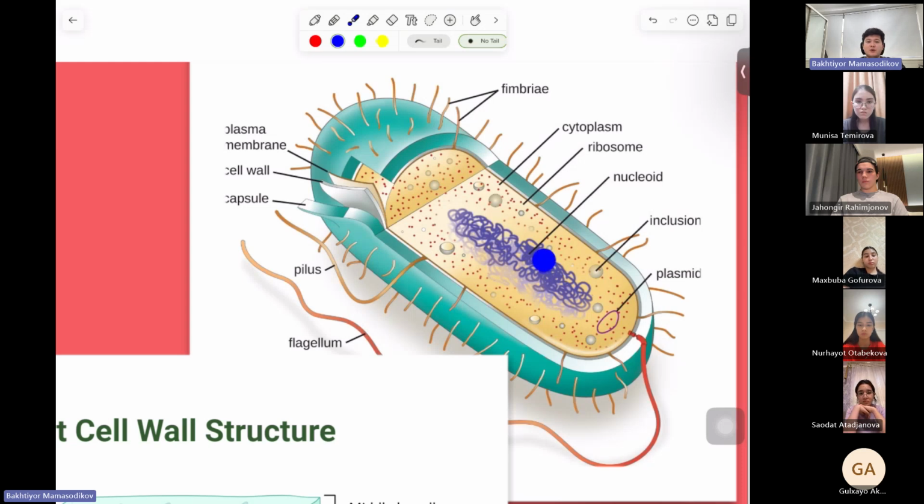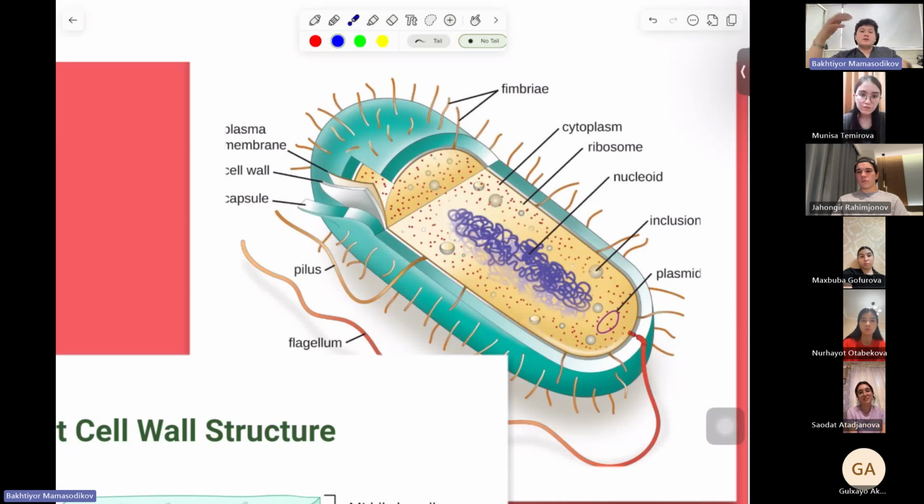So what is the cell wall of bacteria called, Saadat? What is the cell wall of bacteria called? Membrane? I don't know. Membrane is a different thing.